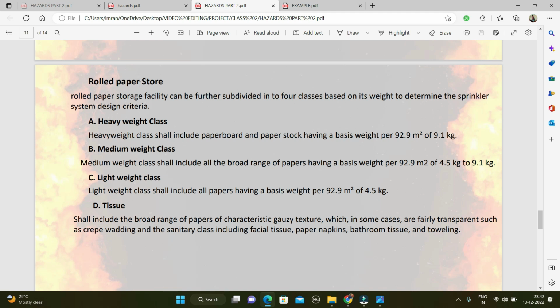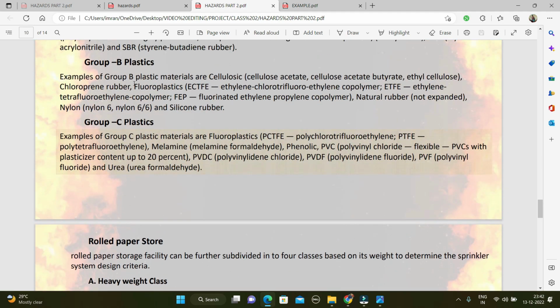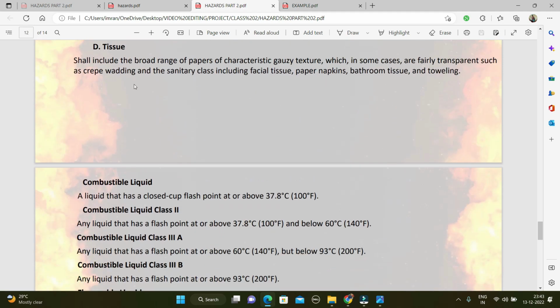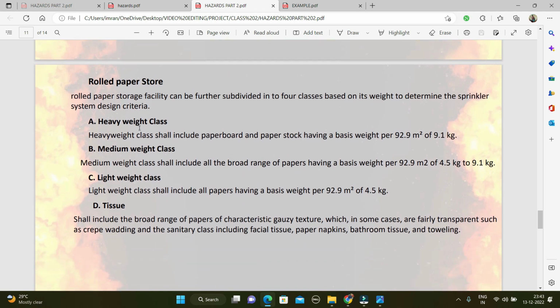We will not design this roll paper store as per light hazard or extra hazard or ordinary hazard, because roll paper is stored, and for plastic and this type of storage the design area and K factor are different. So here we can see roll paper store.